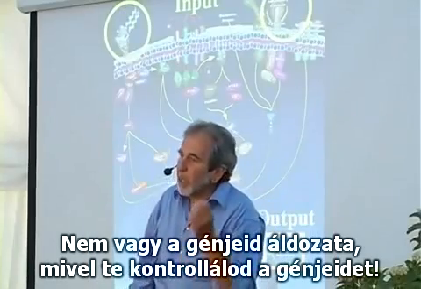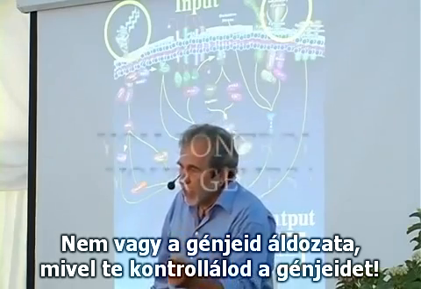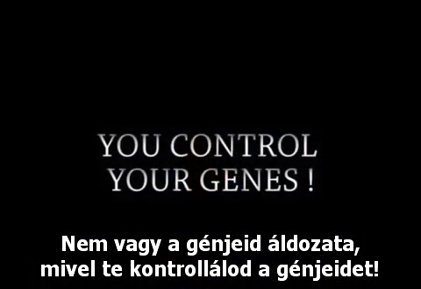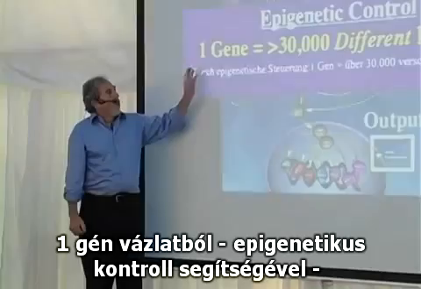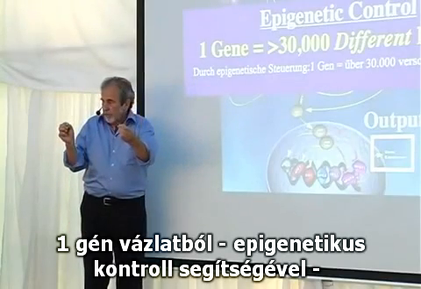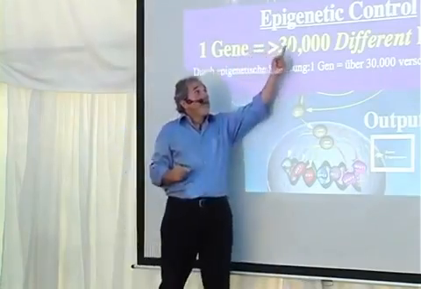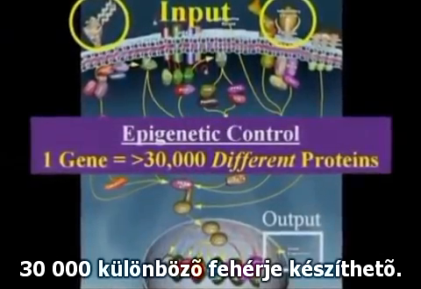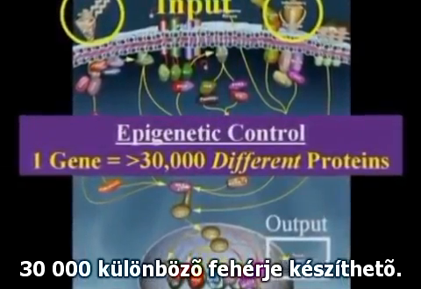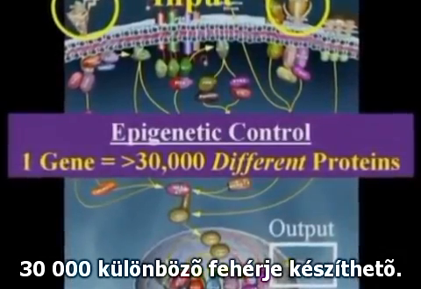You are not the victim of your genes because you control your genes. One gene blueprint, using epigenetic control, can make 30,000 different proteins from one blueprint.